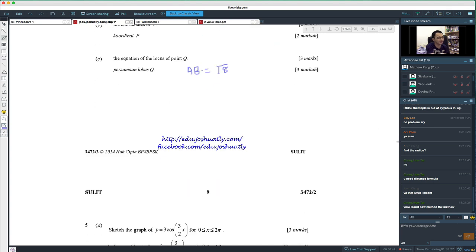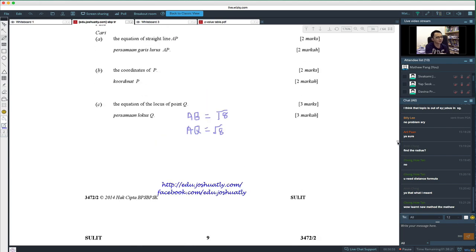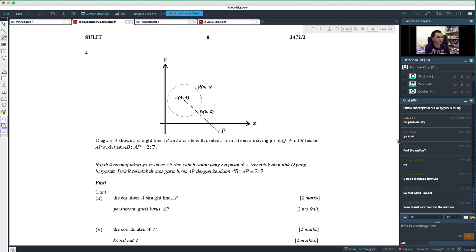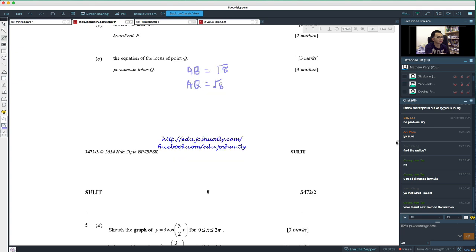Then I form the equation of locus using AQ. Q is (x, y), A is (4, 4). Then I can use the distance formula. So the distance for AQ will be, A is (4, 4), Q is (x, y).